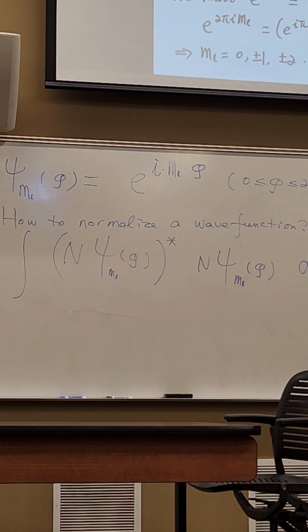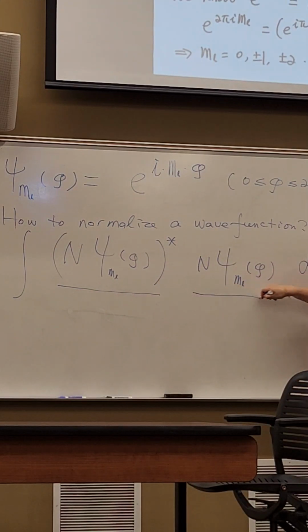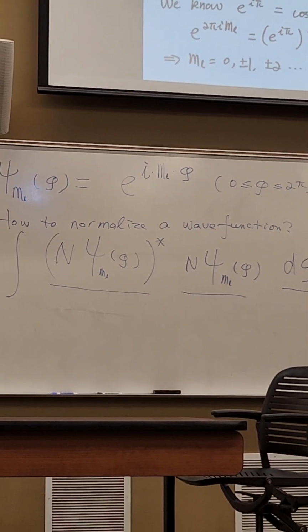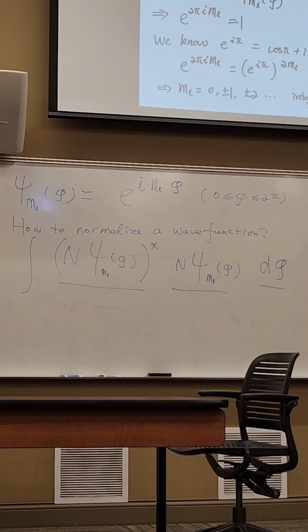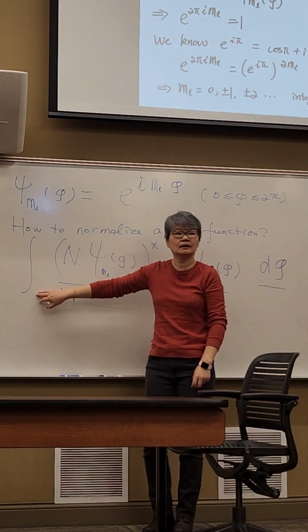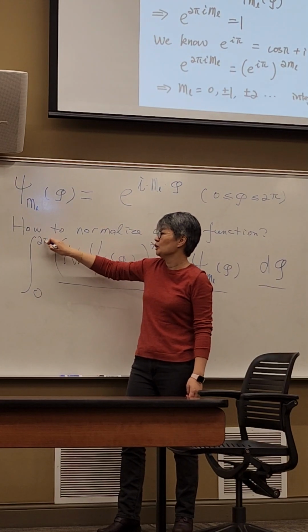This is the complex conjugated wave function multiplied by the wave function itself, integrated through the allowed space. It only has one variable, the angle phi. Then you need to put in the right limits, the boundary here. So for the phi variable, guys, what should we put here? 0 to 2 pi.